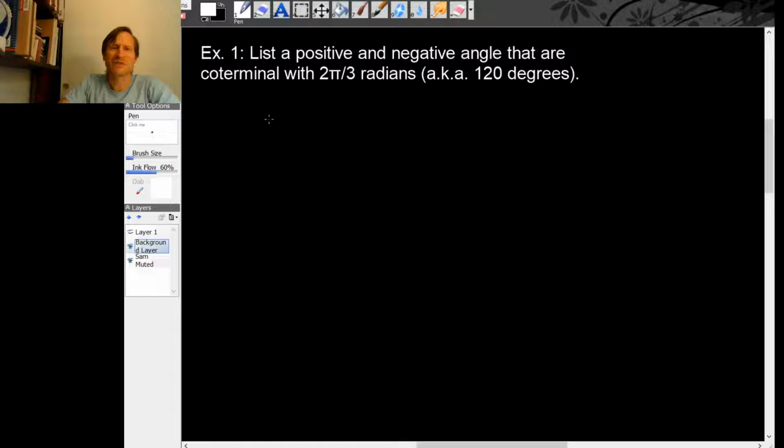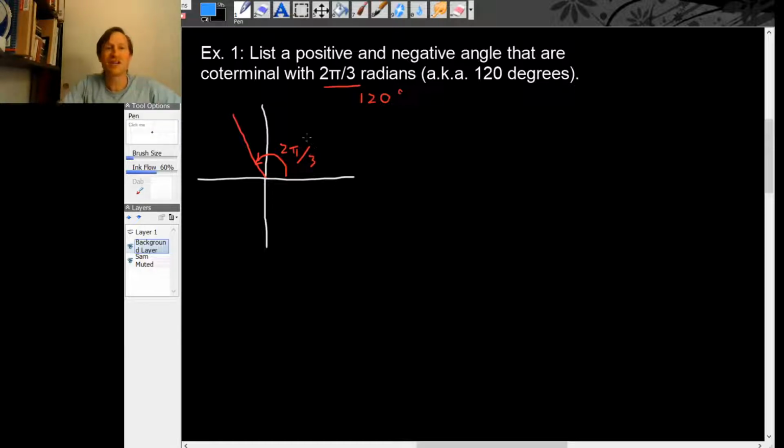I guess maybe the first thing we should do is get some idea of what this angle 2 pi over 3 actually looks like. So pi over 3 is 60 degrees. 2 pi over 3 is twice that, so that's 120 degrees. And it's about here. So there's 2 pi over 3.